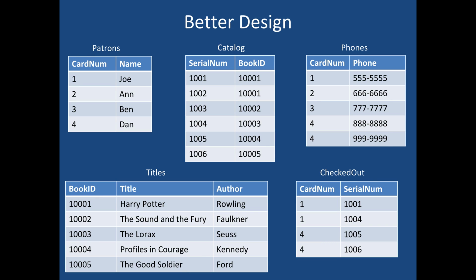We have a table that keeps track of patrons and their card numbers. We have a table that keeps track of the books in the library, books, authors, ISBN numbers, phone numbers associated with library card numbers, what copies of books are checked out, and a mapping from these IDs to these serial numbers over here. So that contains a bunch of information about our library.